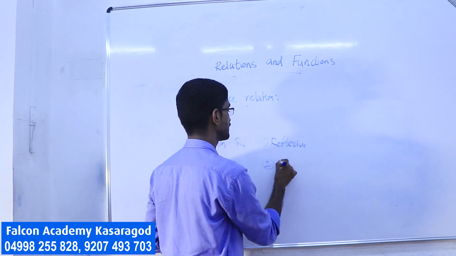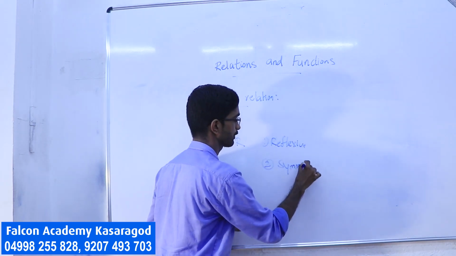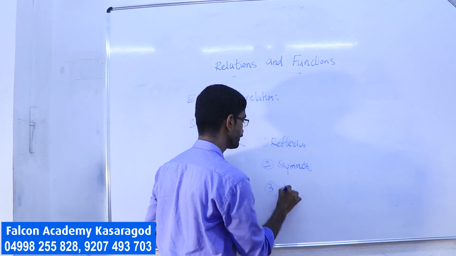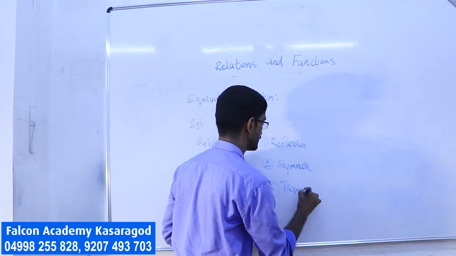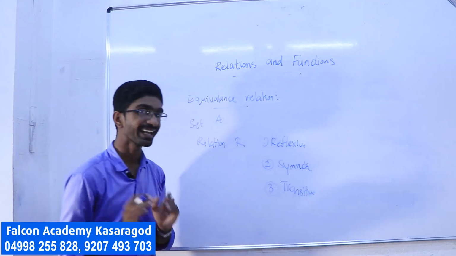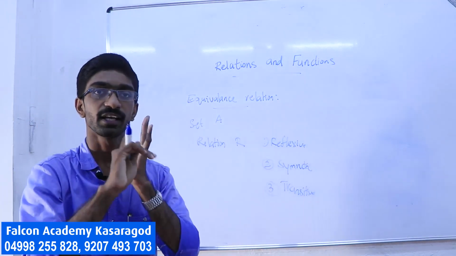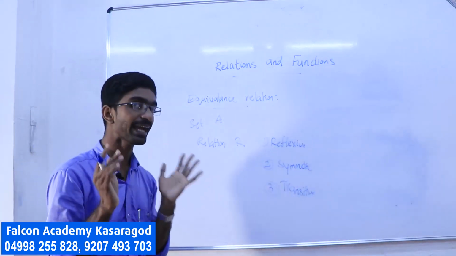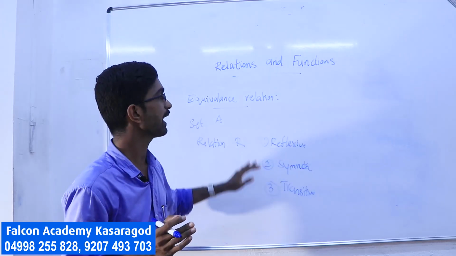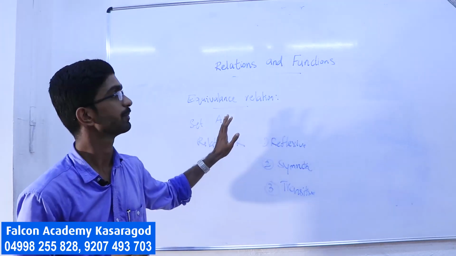Second, symmetric. Third, transitive. Okay, a relation which is reflexive, symmetric, and transitive is called an equivalence relation.